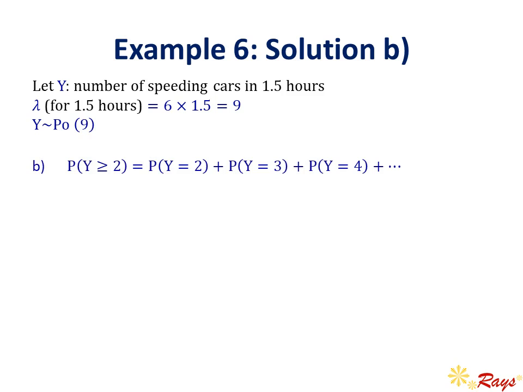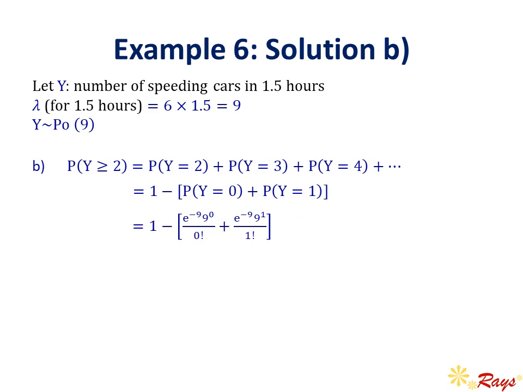The question is asking for at least 2 cars. At least means the minimum is 2. It can be more. So if we list down, we are asked to find the probability of y equals 2 until forever. But instead of doing so, it will be easier to find 1 minus whatever probability is not listed here, which in this case is the probability of y equals 0 and the probability of y equals 1.